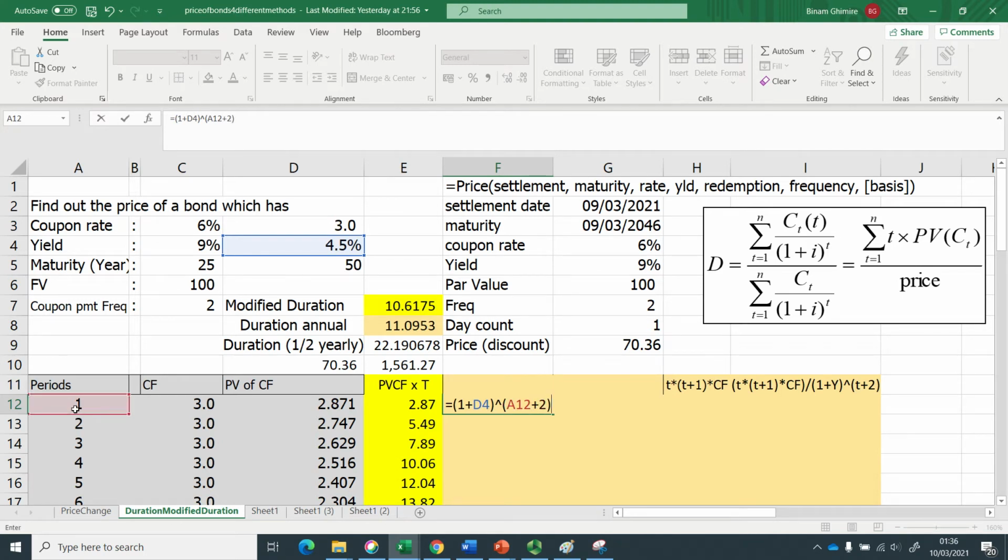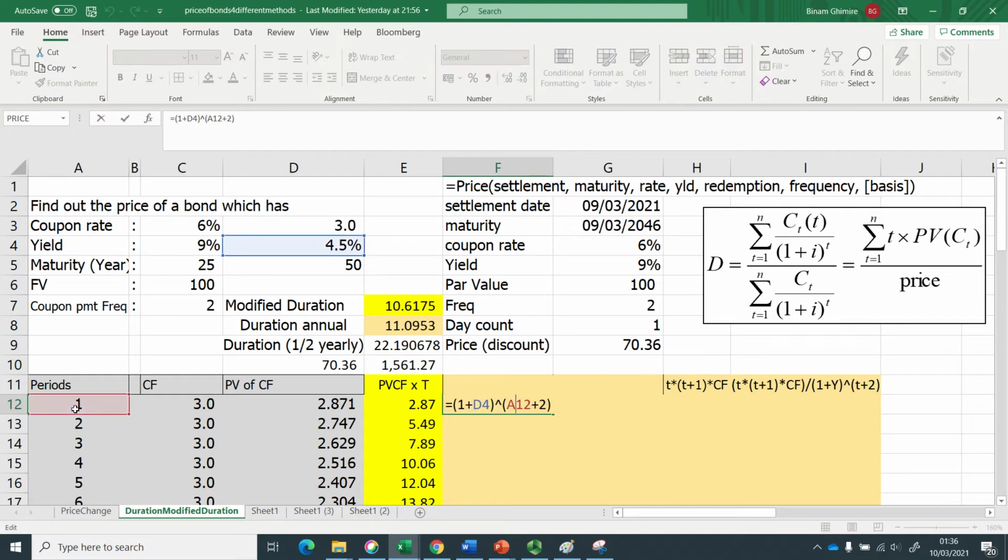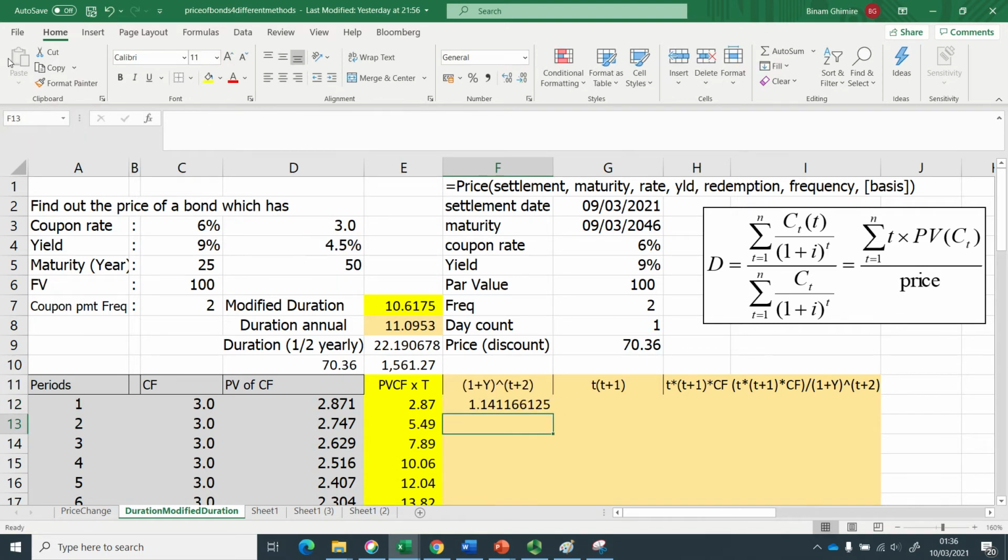So that's what we need to do and we can achieve it. Remember, we need to lock this D4 because if we don't lock, then it cannot be carried forward. So that's the only thing remaining in the case of this part of the formula. So just double click now, then you get all these values.